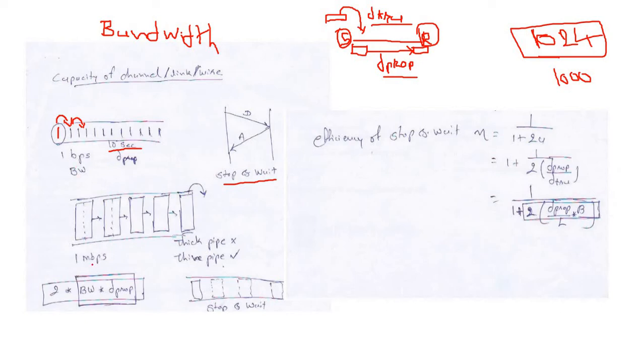Now suppose per second we are able to send 1 MB of data, it means the bandwidth of the channel is 1 Mbps.